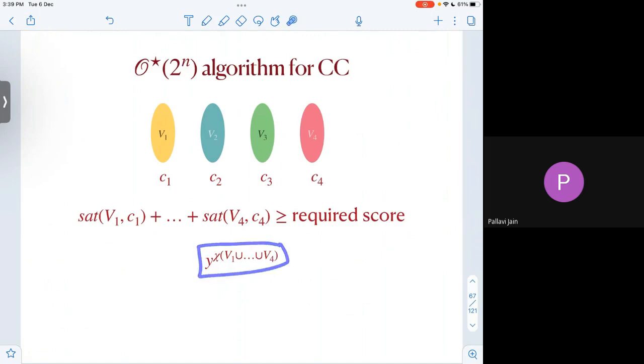Let's say this is a monomial. Now what is chi here? For a set S, let's now use numbers. Voters are numbered 1 to n.